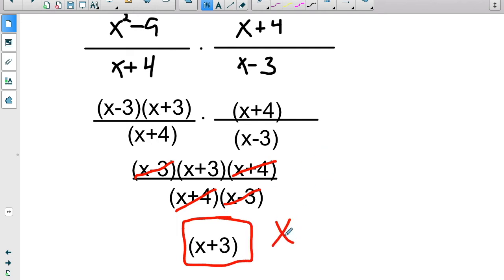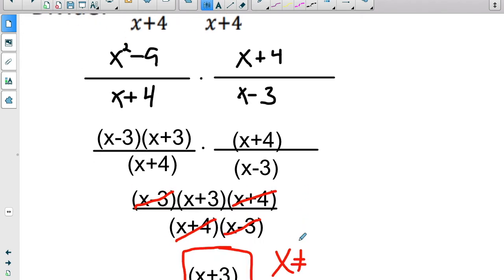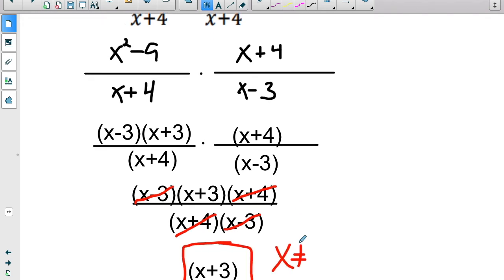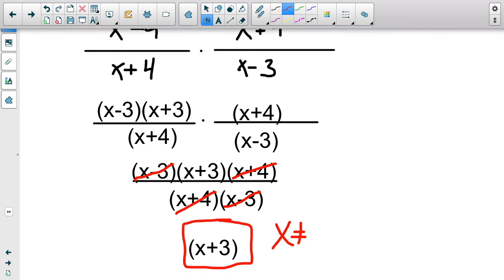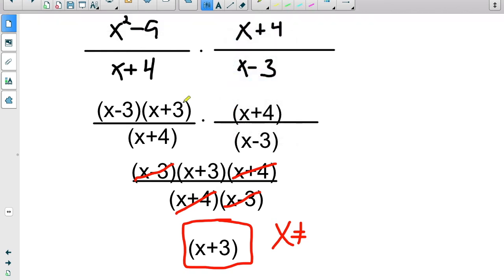And we do need to look at our restrictions, to see what values of x we cannot have. When we look for the restrictions, grab a highlighter. We're looking at the denominator here and the numerator of our second fraction, because anything in these three spots cannot be 0. Nothing in these three spots can be 0.